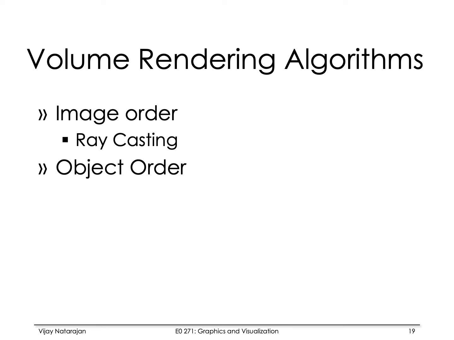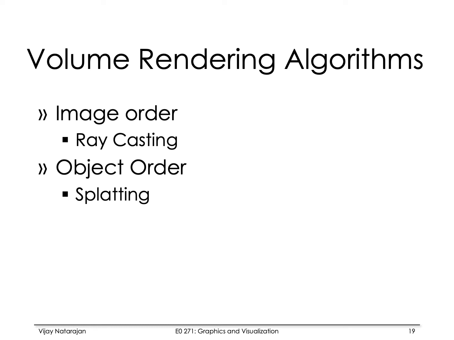An alternate approach is to render the volume in an object order where the contribution of each voxel is computed by marching through the voxels one at a time and splatting their contributions onto the image.